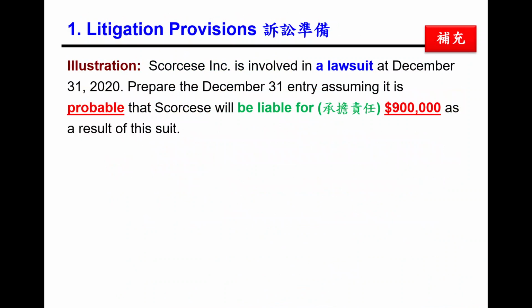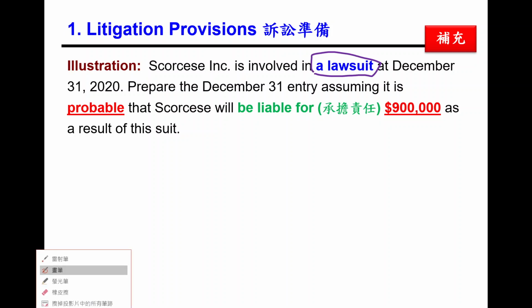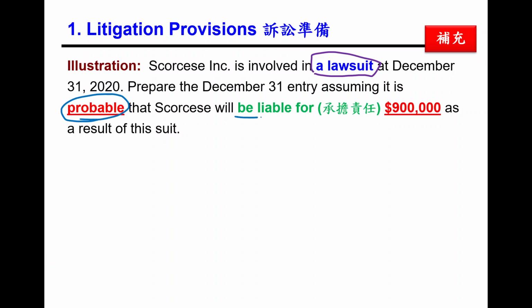On your slide 93, it tells you your company is involved in a lawsuit. Did you find the keyword? For this lawsuit, you are probably liable, and liable means an unfavorable outcome.